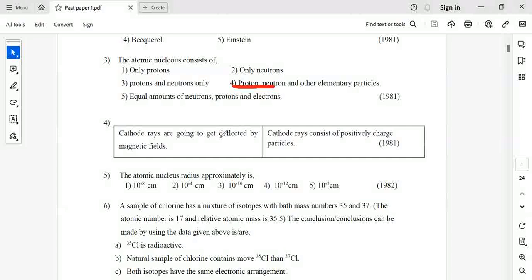Then the fourth question is, you know the pattern. If both statements are true and the second one explains the first one, then the answer should be 1. If both statements are true and the second one does not explain the first one, then the answer should be 2.